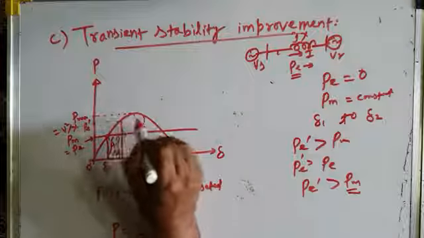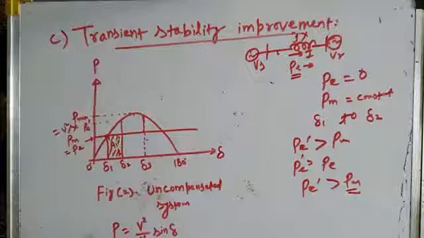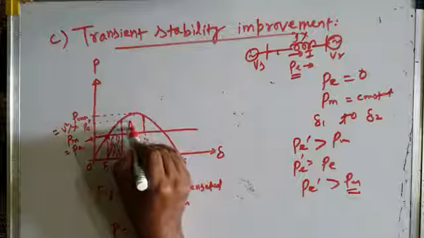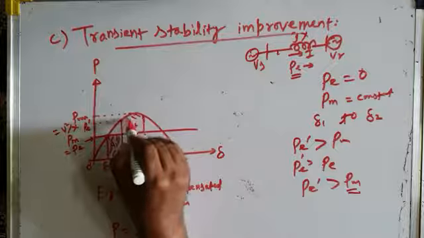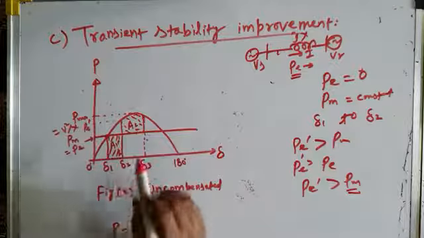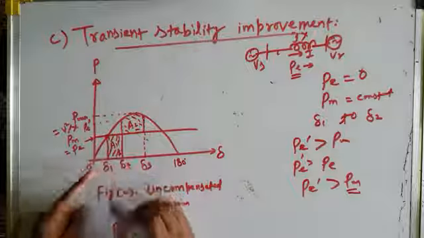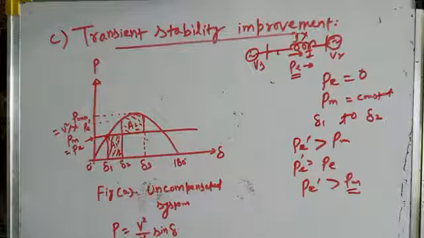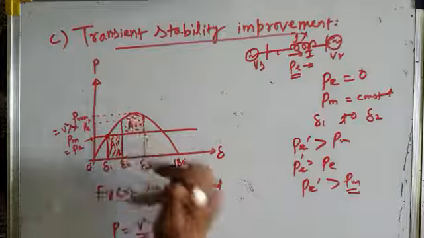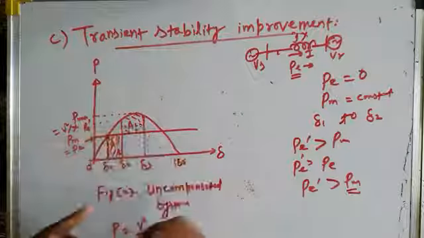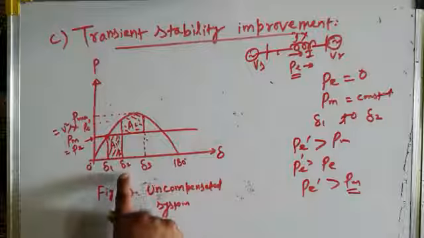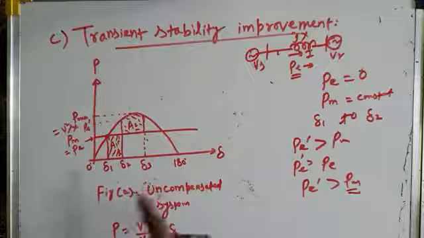Now the machine will continue to decelerate until the area A2, which represents the decelerating kinetic energy, becomes equal to area A1. This area A1 represents the stored or accelerating kinetic energy. Area A2 represents the decelerating kinetic energy, because from delta 2 to delta 3 your machine is decelerating. Why?